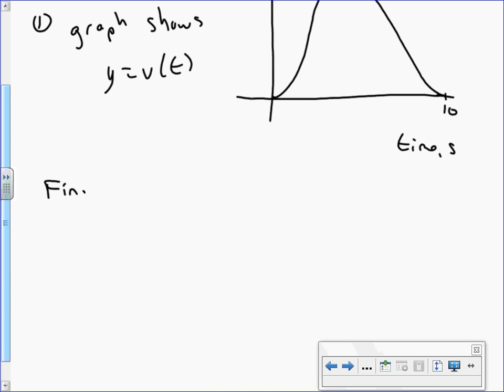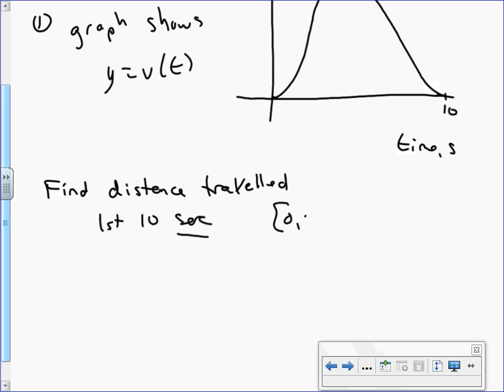And the question is going to be, find the distance traveled in the first 10 seconds. And that means from 0 to 10, not from 1 to 10, it means from 0 to 10. Okay?